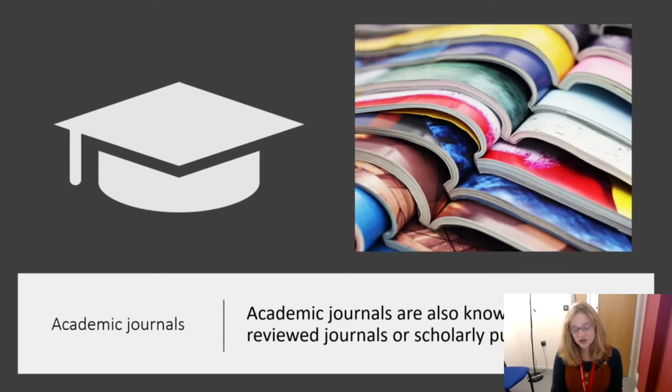Academic journals are published regularly. They're published on a monthly, bi-monthly, quarterly basis, sometimes even a yearly basis. They cover a huge number of subjects, and they're often very subject specific, so you're going to find specific academic journals on things like taxation, finance, accounting, business management, leadership, supply chain, human resource.